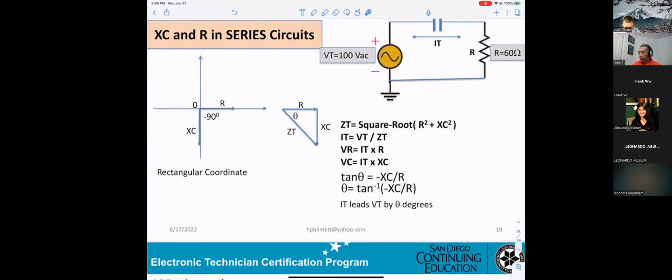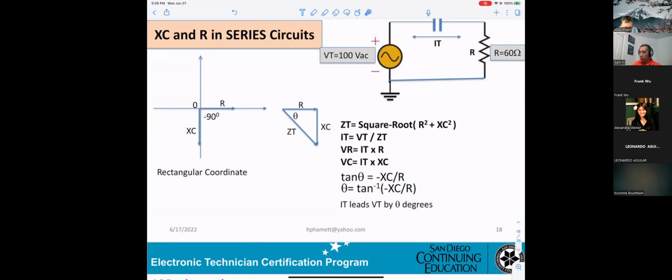Okay, the only thing we need to know is the phase angle. Okay, theta here. Tan theta equals minus XC over R. If you calculate the phase angle using your calculator, you divide minus XC over R and press tan minus 1.